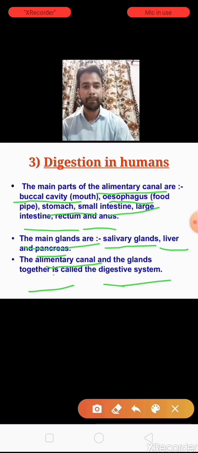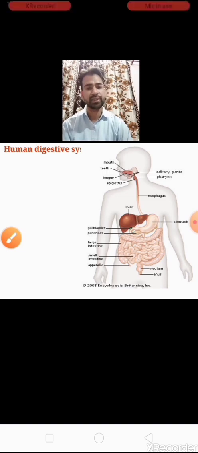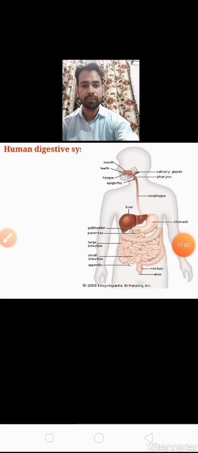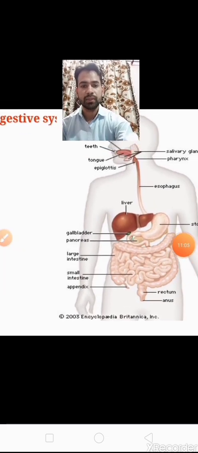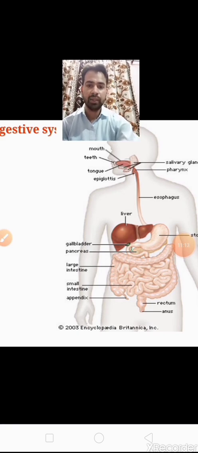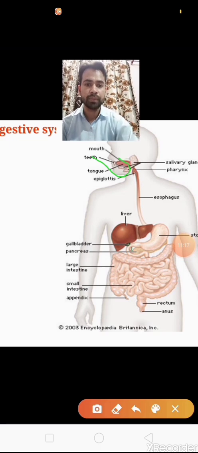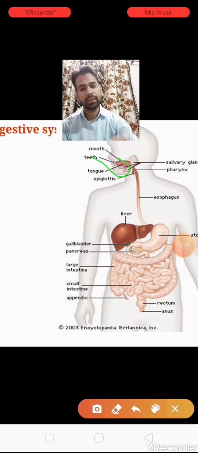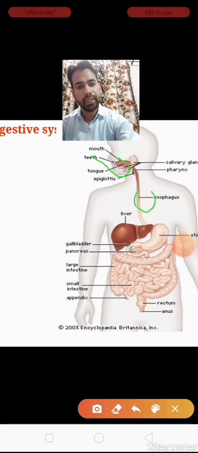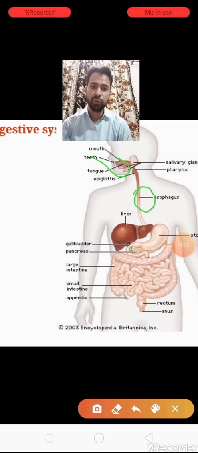Okay, children. Now see the picture here of the digestive system. In the picture, you can see the parts of the alimentary canal. First, mouth. Second, esophagus, also known as the food pipe.